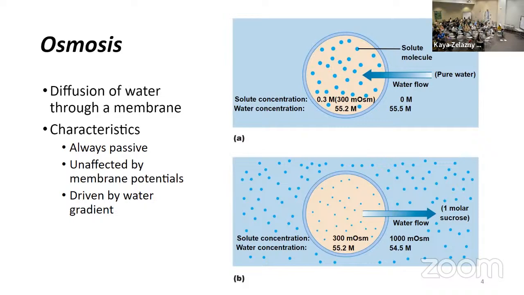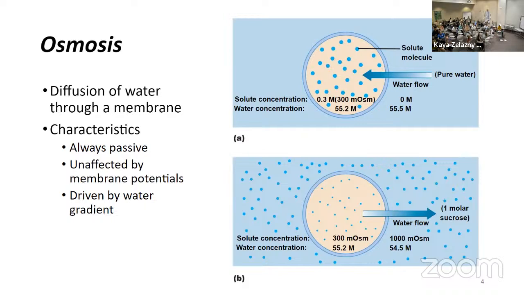So we don't have to do that whole business when we're thinking about the direction water will flow in osmosis. All we need to think about is, where is there a lot of water? Where is there only a little bit of water? So essentially, we're thinking about a concentration gradient, like a chemical driving force.